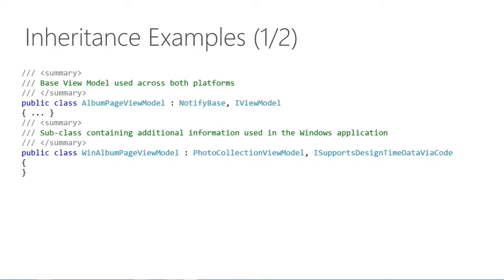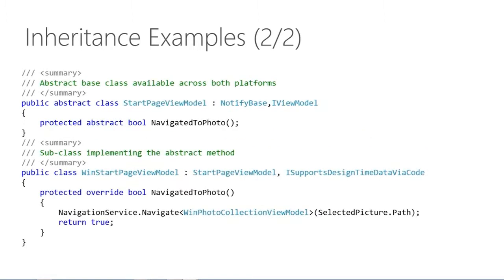And so you can see here where I have an album page view model that would have a base class and would have code and would do some interesting stuff. We saw this one earlier. And then I have my win album page view model, which inherits from that and would then allow me to take advantage of some platform-specific stuff that would be Windows-specific.